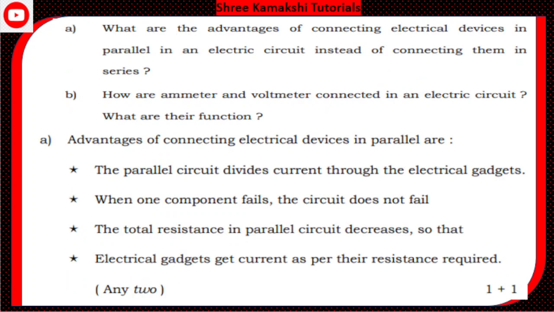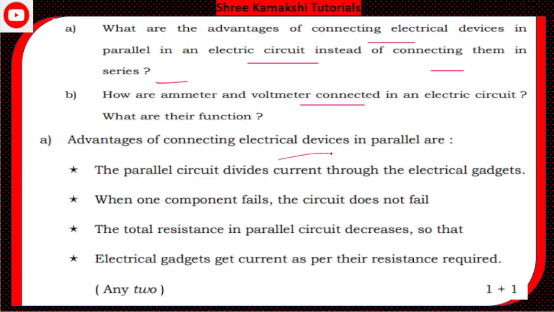Understand? The next question is, what are the advantages of connecting electrical devices in parallel in an electric circuit instead of connecting them in series? Second question, how are the ammeter and voltmeter connected in an electric circuit? What are their functions?